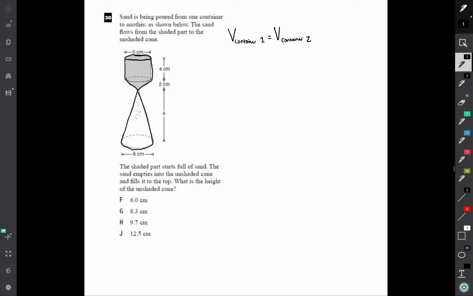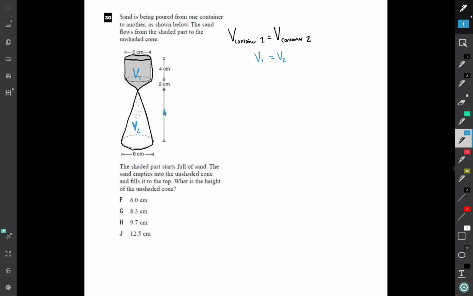So our end game is figuring out the height of this cone. To figure out the height of that cone, we need to know the volume. So I'm going to call this volume 2, and the whole thing here, volume 1. We're saying that volume 1 is equal to volume 2.